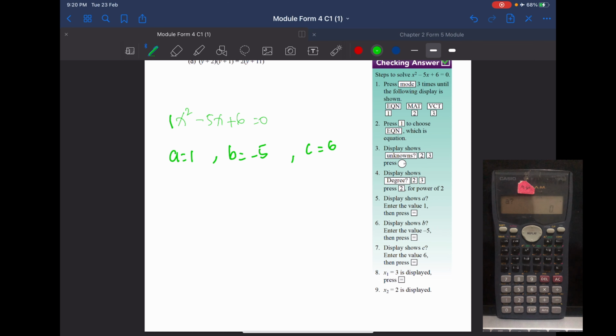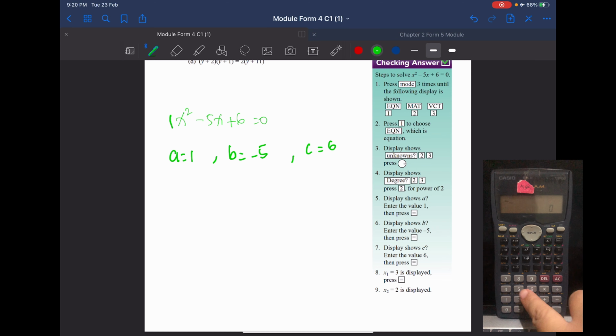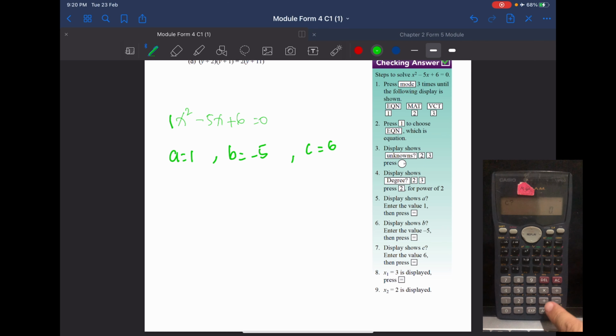Tolong hati-hati, dengan B tu ada negatif. Bila kita key in dalam calculator, kena key in negatif sekali. So A is 1 sama dengan, then B is negative 5 sama dengan, and then C is 6 sama dengan. Dia terus keluar jawapan.